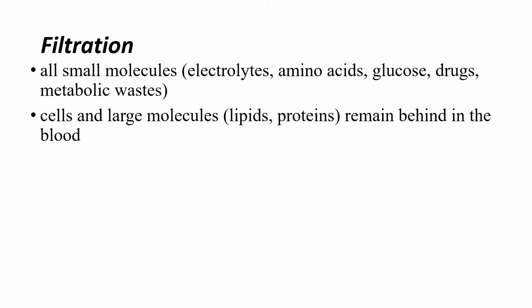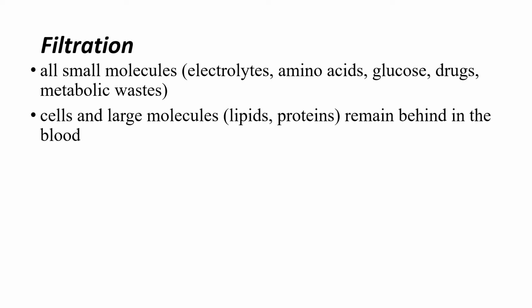In contrast, cells and large molecules, such as lipids and proteins, remain behind in the blood. The most prevalent constituents of the filtrate are sodium ions and chloride ions. Bicarbonate ions and potassium ions are also present, but in smaller amounts.